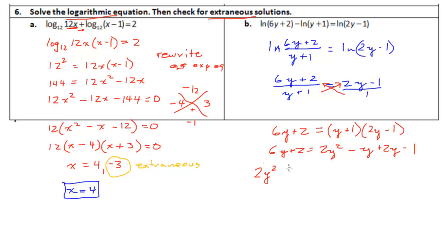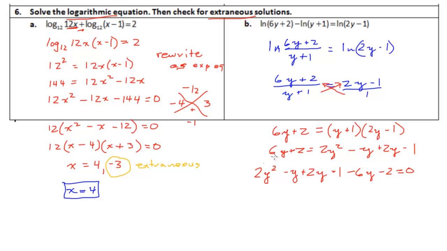I know I'm kind of violating some principles, but we have 2y squared, and then we have minus y plus 2y minus 1, and then I'm going to subtract these other left-hand elements from this right-hand side. So minus 6y minus 2, and that's all equal to 0.